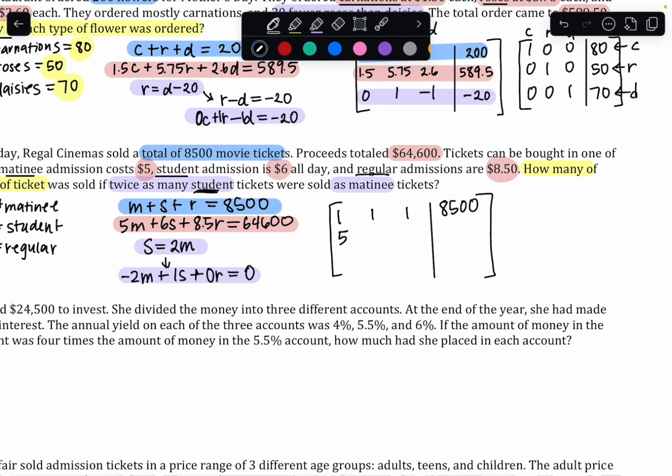We would have 5, 6, 8.5, 64,600 from the second equation. And then -2, 1, 0, 0 from the third equation. Okay, and so you would type that into your calculator to get your final answer.